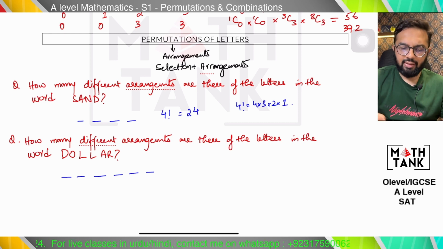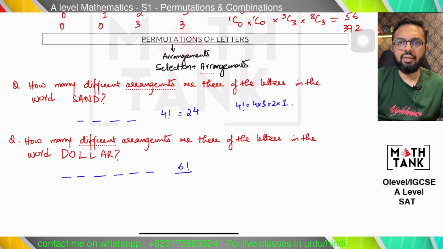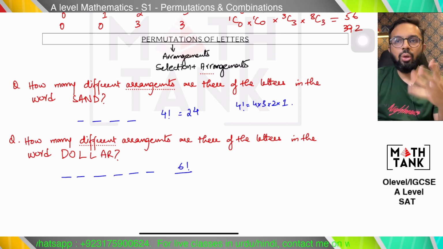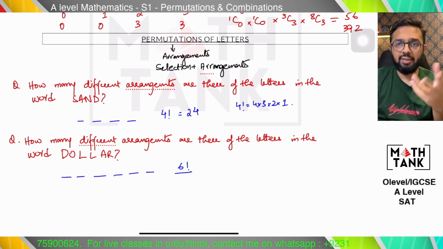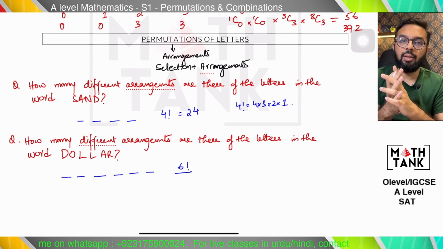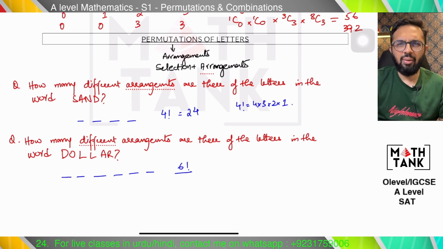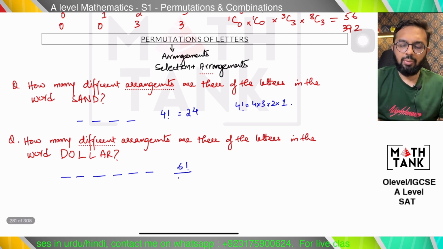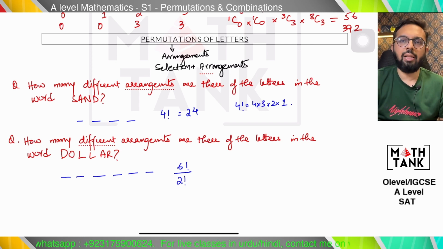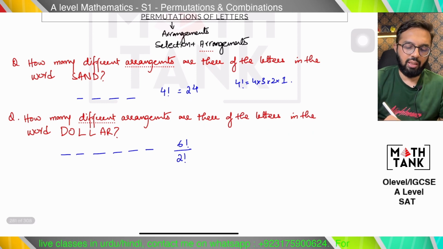I first say 6 factorial, but some of these letters are identical, so they don't create a different word or a separate password. These two letters are double counting a lot of things. How do you remove that double counting? You divide by 2 factorial because there are two L's. The number of repetitions is divided in the denominator.